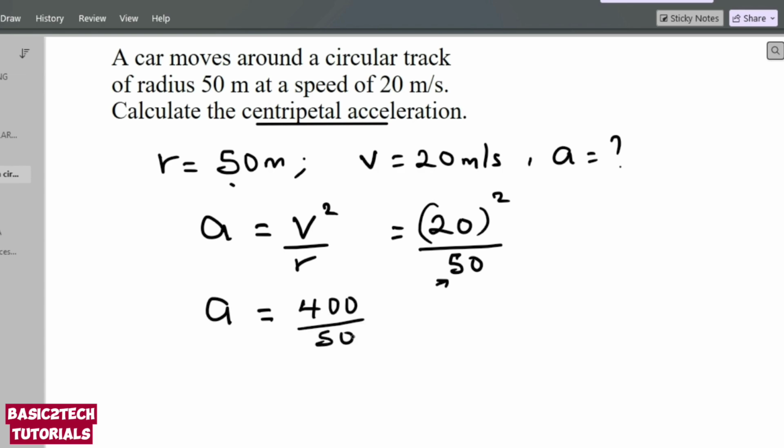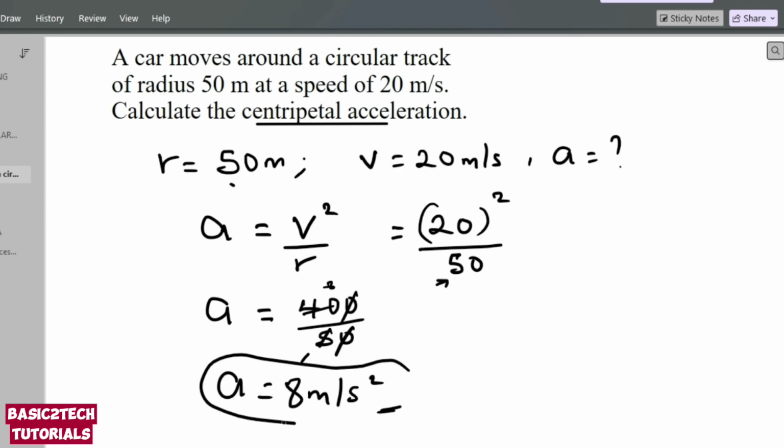So this cancels out. 5 into 40 is 8. So our acceleration is equal to 8 meters per second squared. This is our final answer.